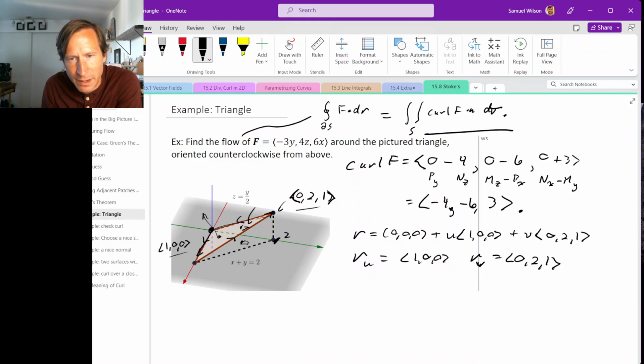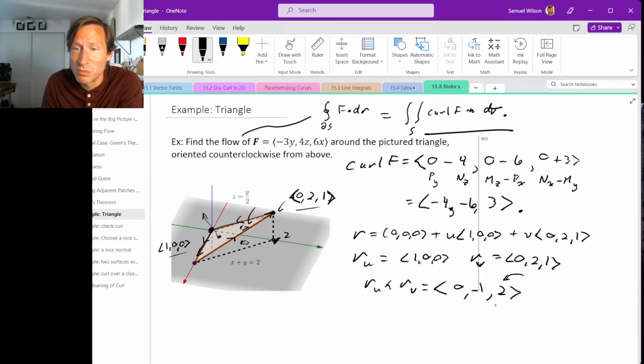The cross product of these, r_u cross r_v, is 0, minus 1, 2. And notice that this is the upward pointing normal because our z coordinate is positive. So this is pointing in the direction we want.